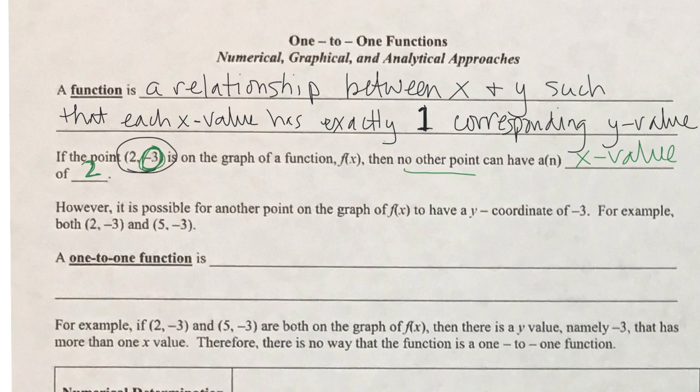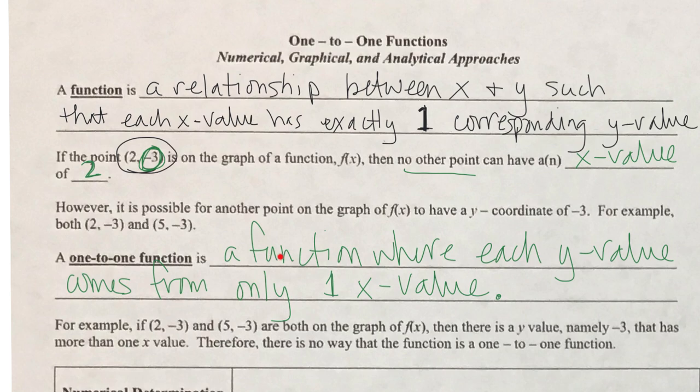But a one-to-one function means this. It's a function where every y value comes from exactly one x value, right? Because it's possible to have, like it says here, 2 of the same y value from different x values.